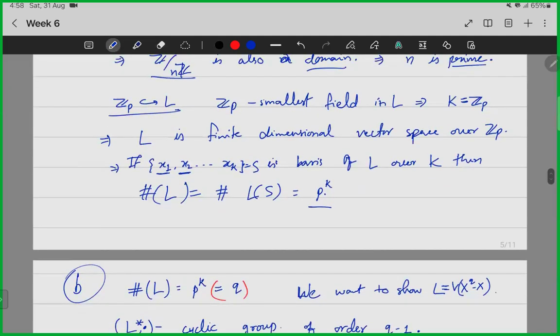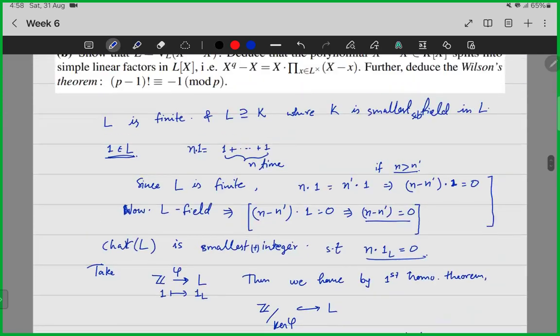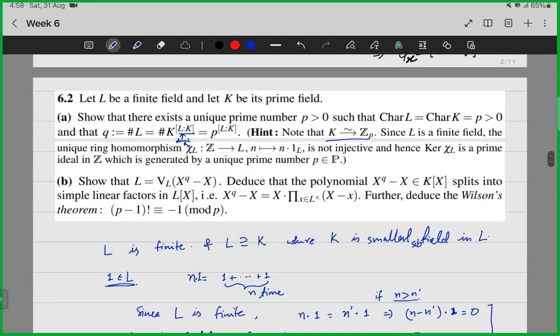This is what we wanted to show, right? So this can be factored like this.